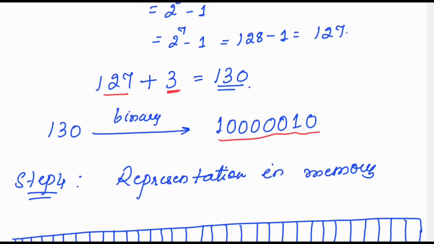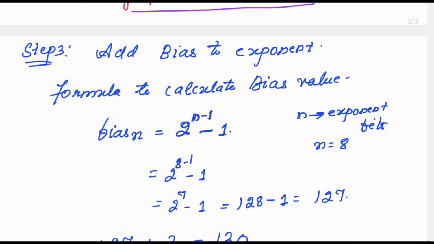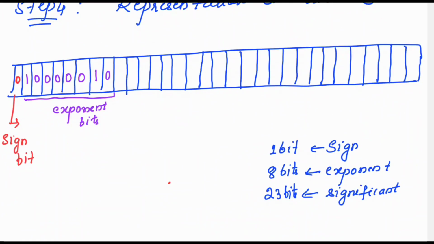The significant bits. How to write the significant bits? Look here, you should eliminate the binary digit 1 which is before the decimal point. From step 2, the significant bits you got are 1.00111. While writing in the memory, you start only with the bits after the decimal point, from 00 onwards.